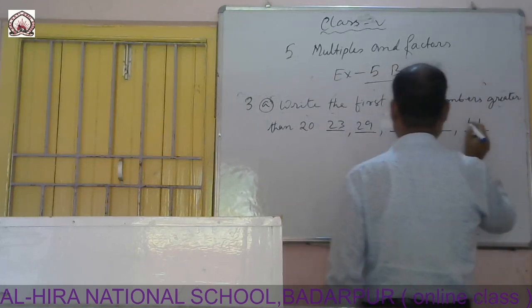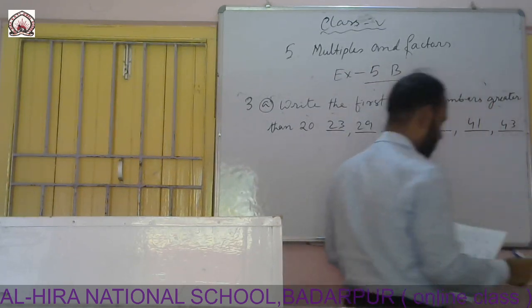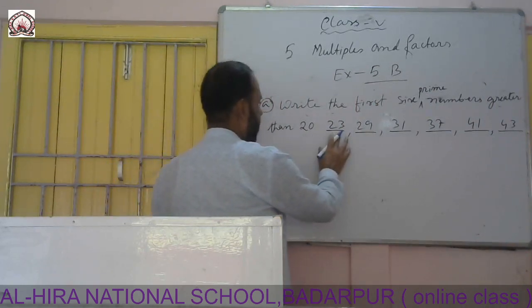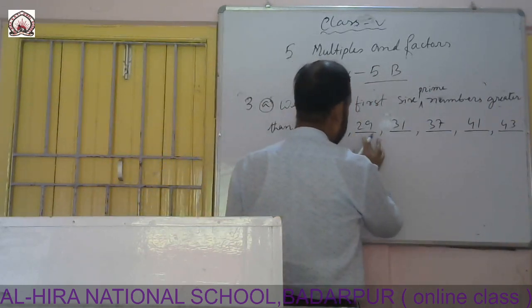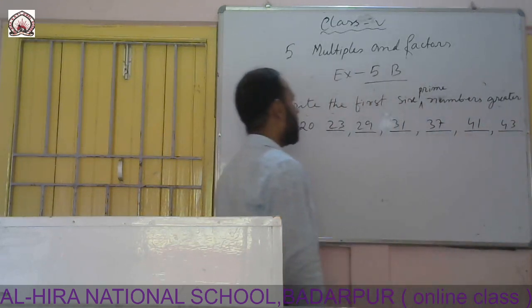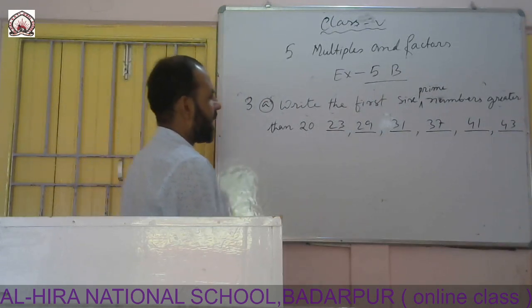Then 43. So 23, 29, 31, 37, 41 and 43 are the first 6 prime numbers greater than 20.